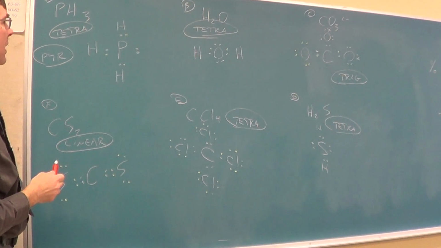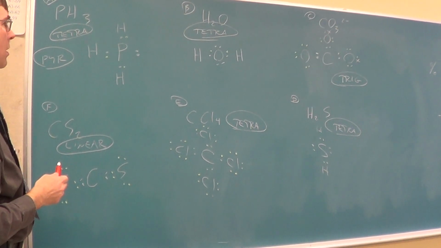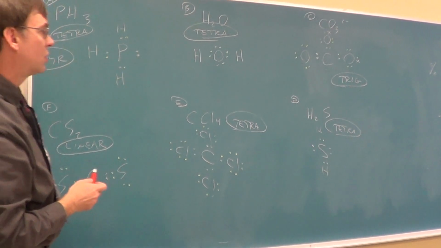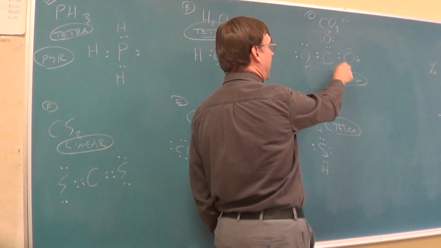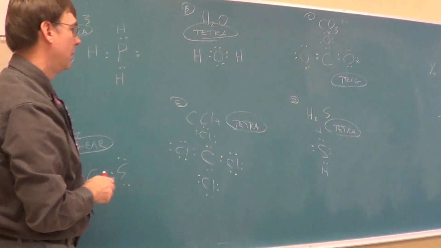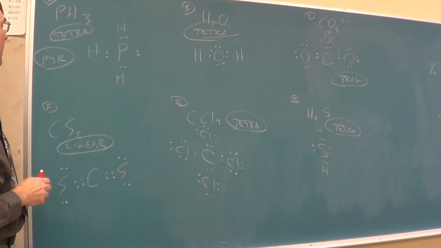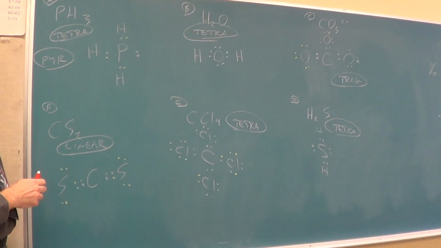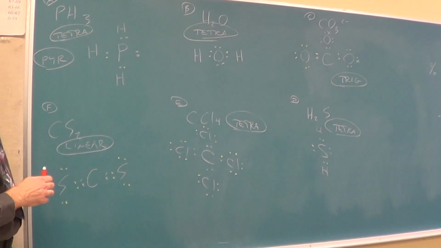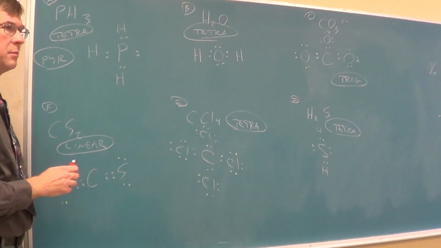Are any of the other tetrahedrals pyramidal? C? I know, that was trigonal planar. That's not in the group. Only tetrahedral can be pyramidal.